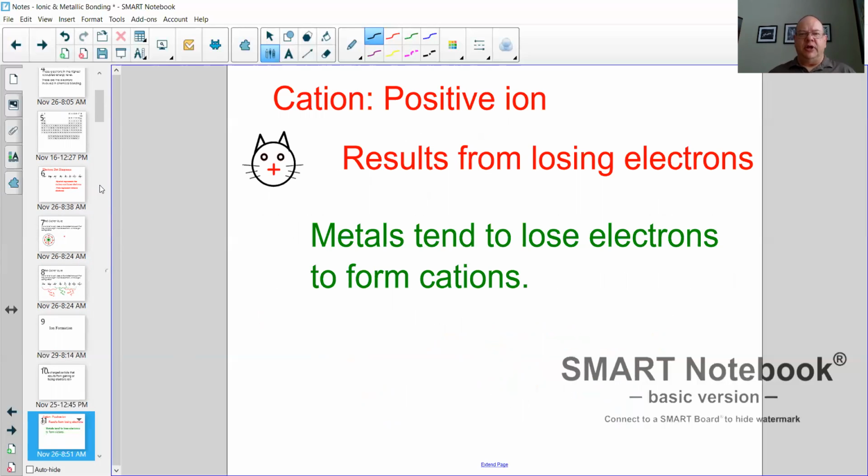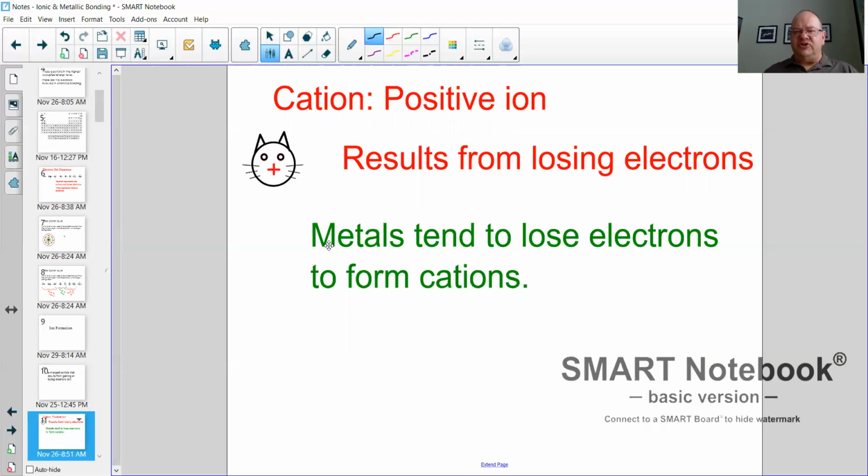So we do all sorts of weird things to try to help us remember. I'm saying cation, think about all the funny cat videos that you've ever seen online, and you got to be positive about those silly cats. Even when the cats are being jerks sometimes. So I drew my little kitty cat face with the positive sign representing its nose.